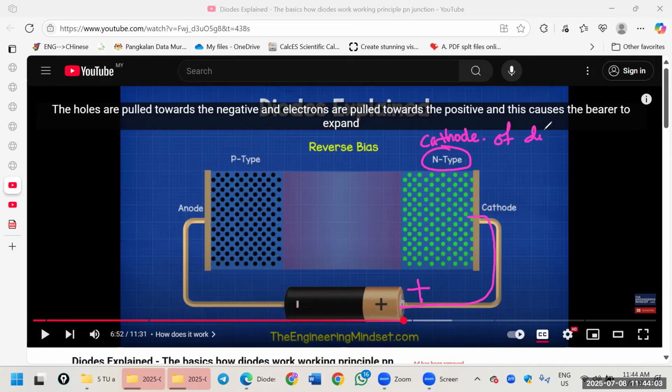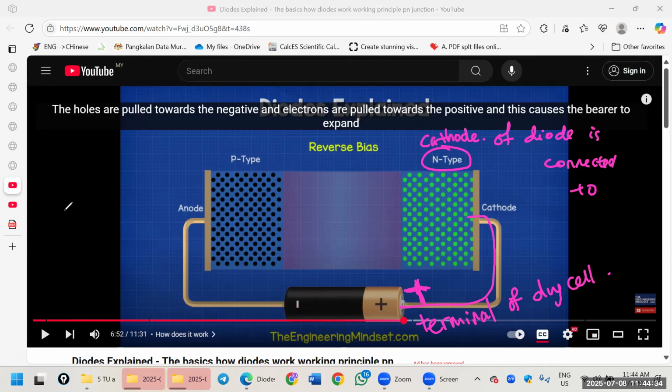The cathode of the diode is connected to positive. Yes, very good. The positive terminal of the dry cell. Get the idea? If they want you to describe the connection, describe it in this way, okay?